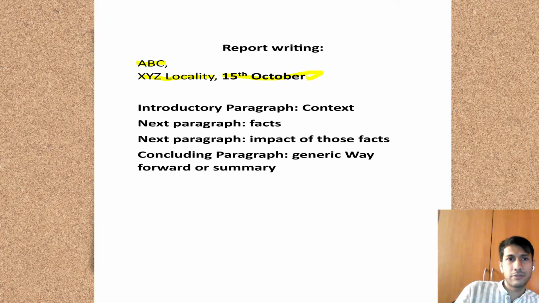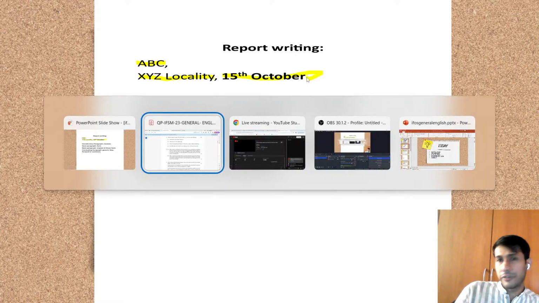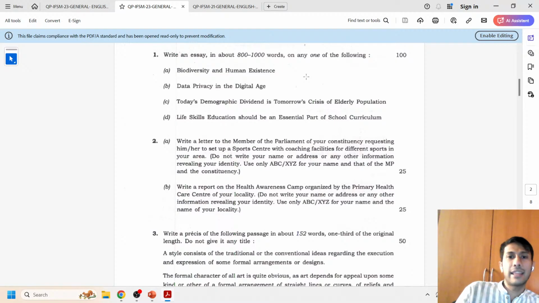So 4 paragraphs. The introductory paragraph has to contain the context, in 2 to 3 or 3 to 4 lines. For example, take the PYQ on the health awareness camp organized by the PHC in your locality.